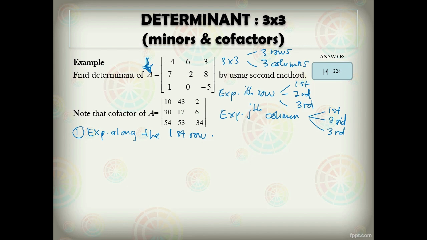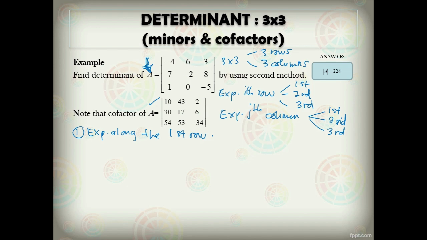Remember? We got the cofactor of matrix A equivalent to this. If you couldn't remember how to find the cofactor, please go back to the slide on finding the cofactor, and you will get the answer from there.